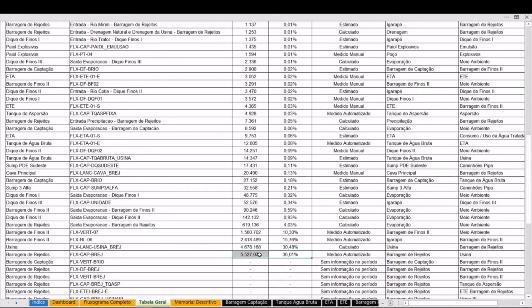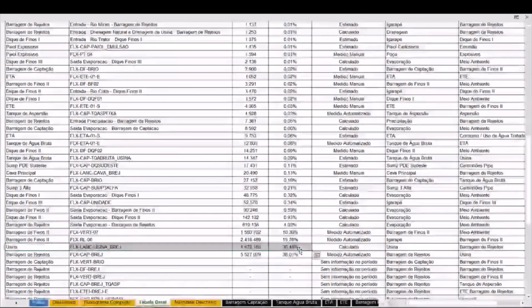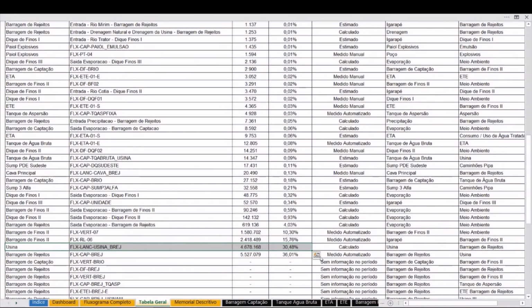So this one here represents 36% of the water that flows inside the mining industry. This station here shows that 30% of the water that flows inside our mining industry passes through this station.